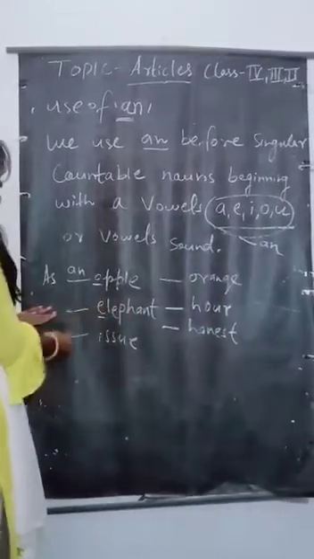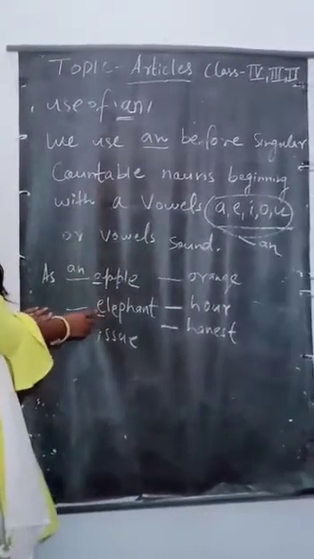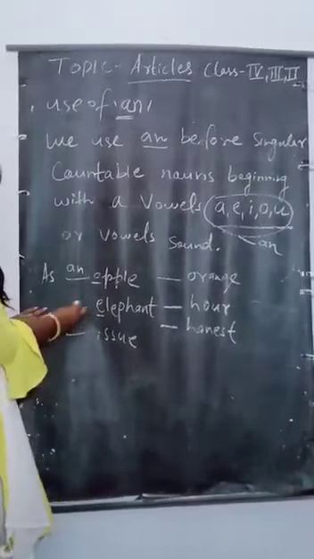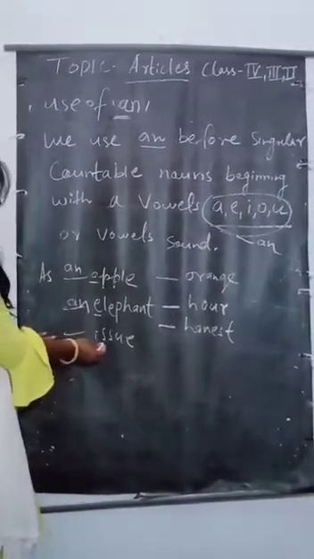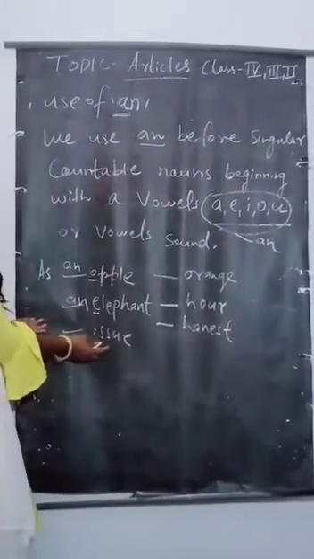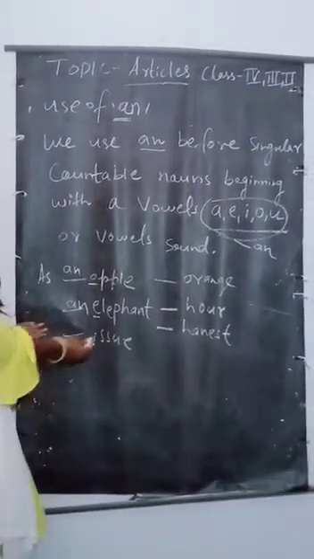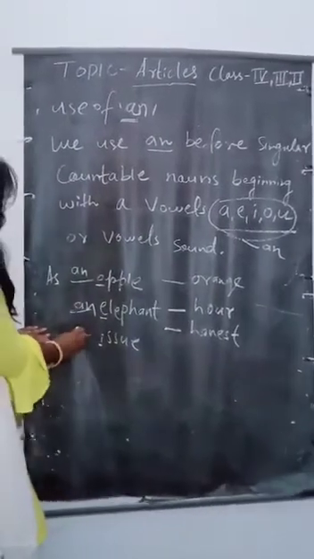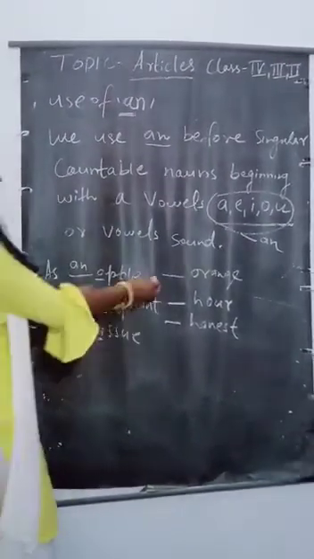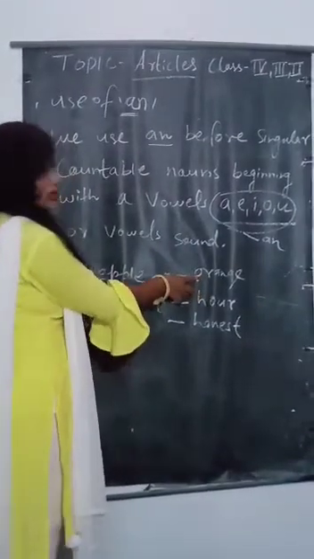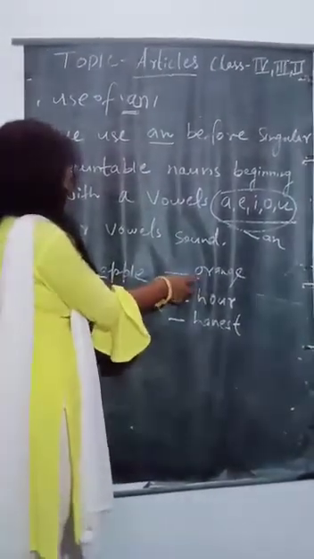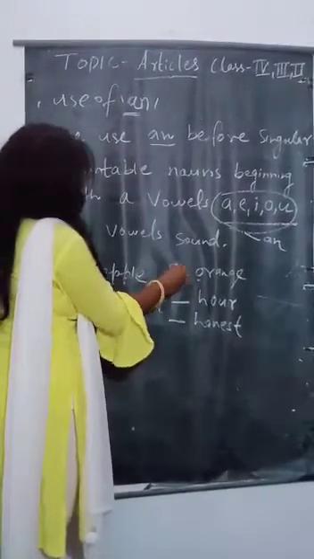The first letter begins with the vowel E, so we can use An. Here is ink. Its first letter is the vowel I, so we can use An. Here is orange. Its first letter begins with a vowel sound, O. O is a vowel sound, so we can use An.